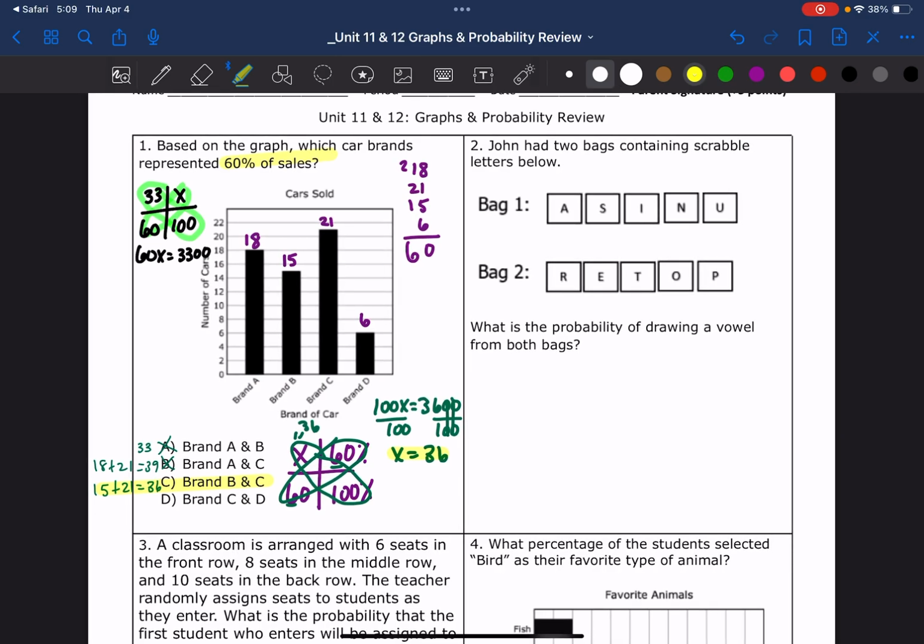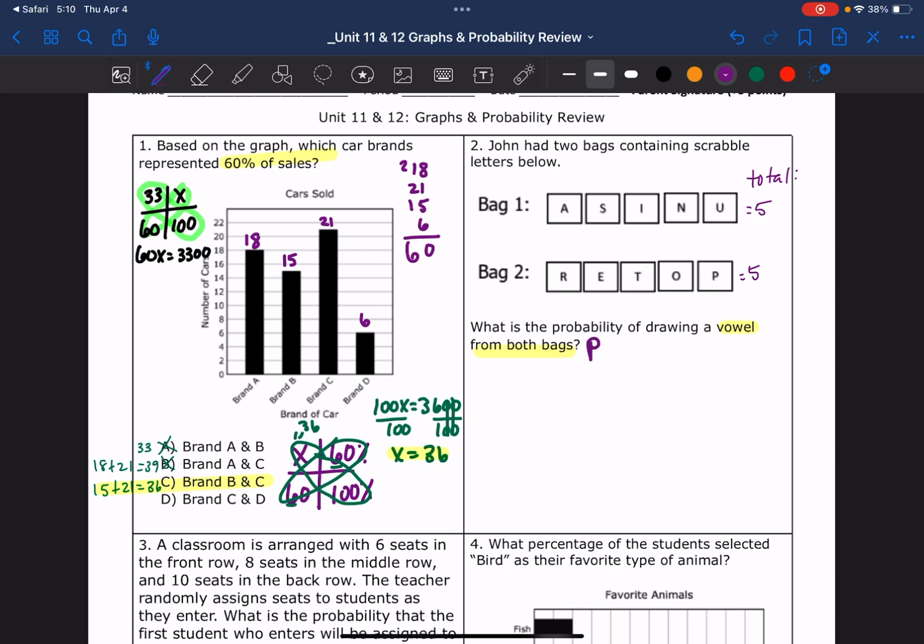All right, let's look at number 2. Number 2, it says that John had 2 bags containing Scrabble letters below. Okay, there's a total in each one of these of 5 and 5 here. Okay, now it's saying what is the probability of drawing a vowel from both of the bags. Now you guys know in my class that I like for us to write the probability statement.